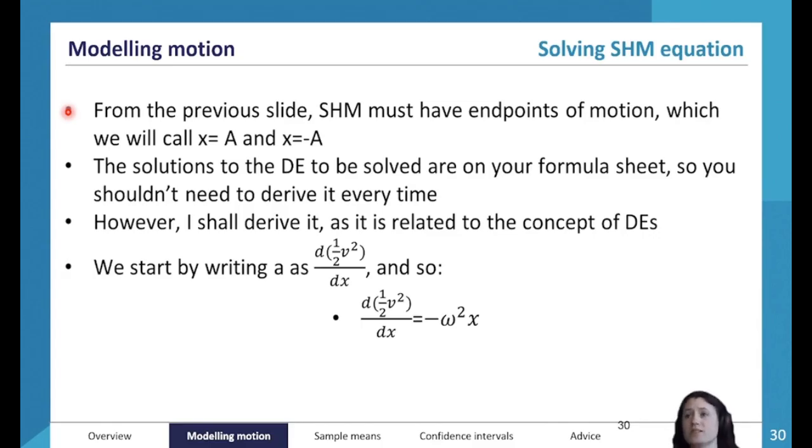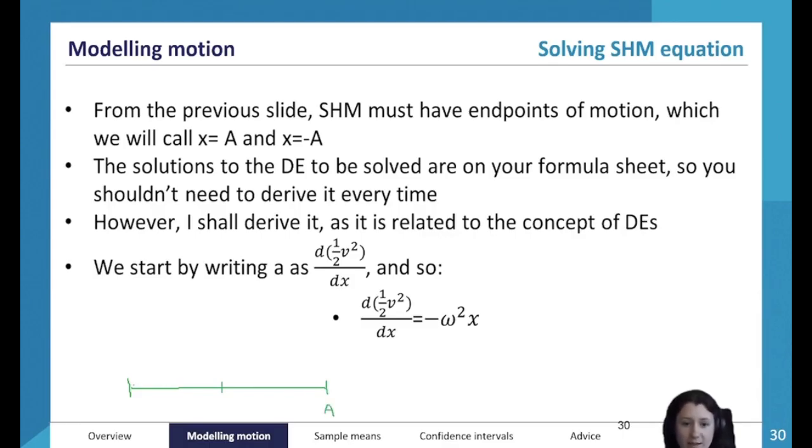So simple harmonic motion is actually very linked to trig equations, which is why a lot of the equations on your formula sheet related to simple harmonic motion are trig ones, if you're familiar with them. And that's why we have this amplitude stuff, because it's similar to the trig language. But essentially, if we think about our spring, on either end we have the endpoints of motion.